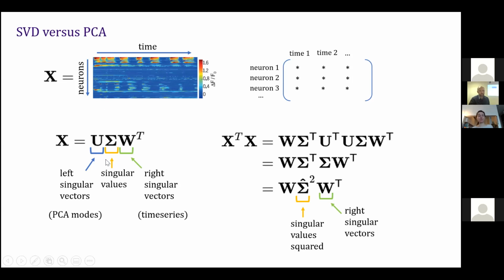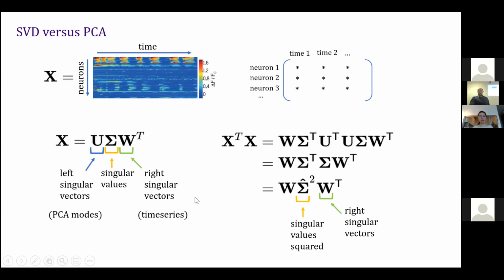So SVD and PCA, they're very related. When you do SVD on the data, you get these left singular vectors, which are PCA modes. They're orthogonal. You have your singular values, which tell you how important each mode is, how much variance each mode describes in the data.